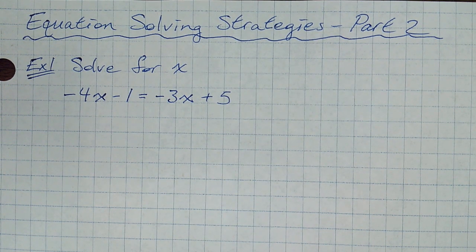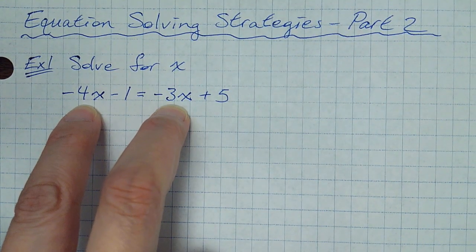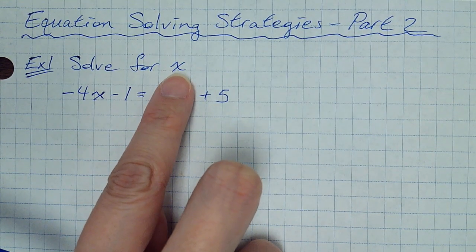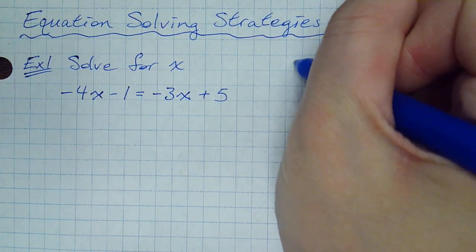What's different with this question than all the other ones that we did? Yeah, there's x on both sides. The ones that we've been doing were like this or like this, but now we have x on both sides. So here's 3 steps.